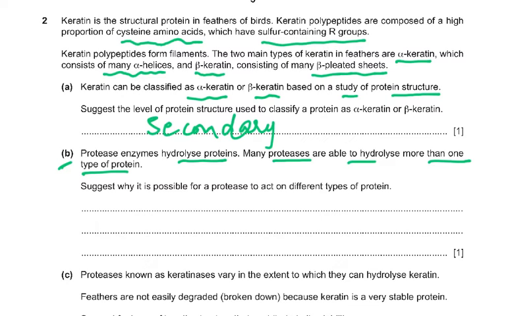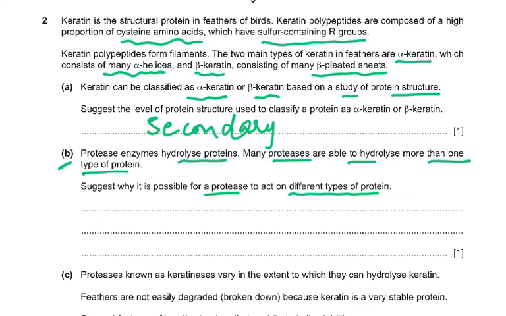Or you can say the area to be hydrolyzed could be between the same amino acids, because basically hydrolysis is going to break down the peptide bonds, because that is what proteases do. So you could have said quite a few things, but basically, because it says why is it possible for a protease to act on different types of protein, the answer is that the active site and substrates have complementary shapes.